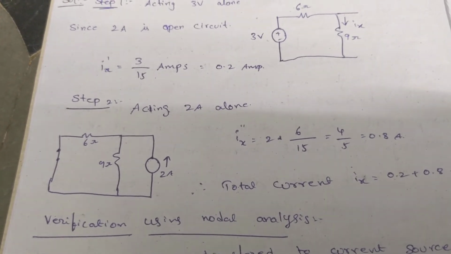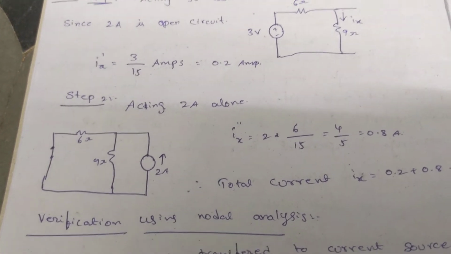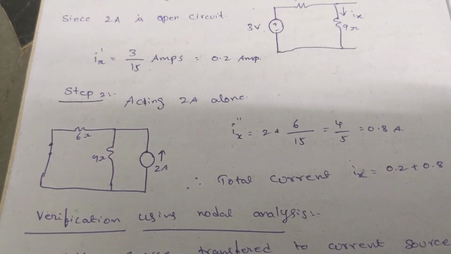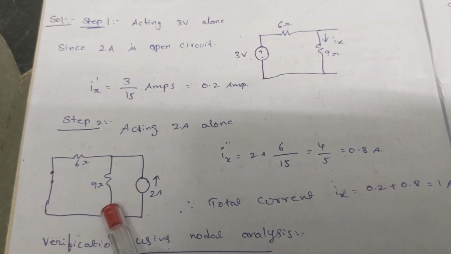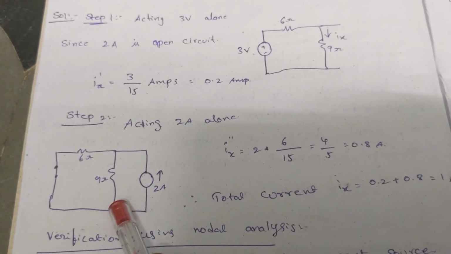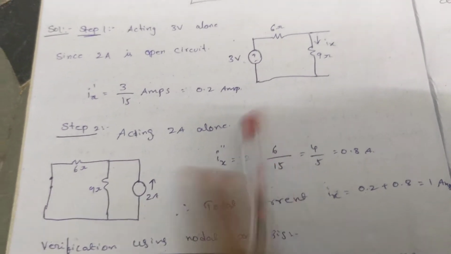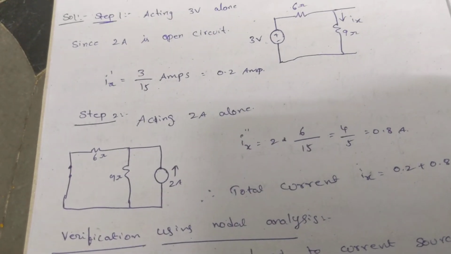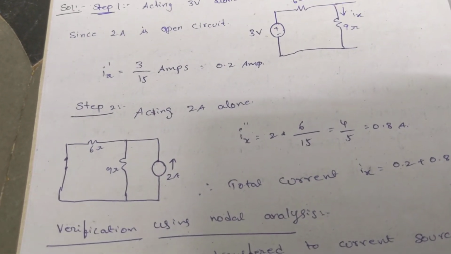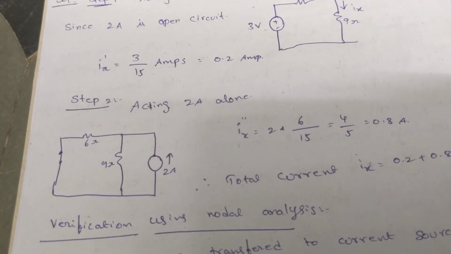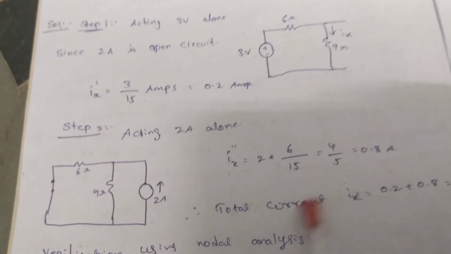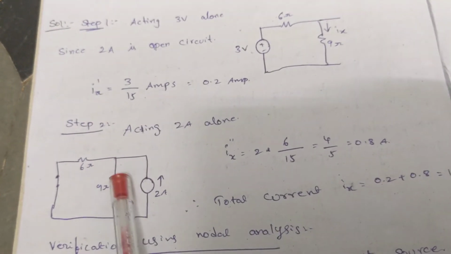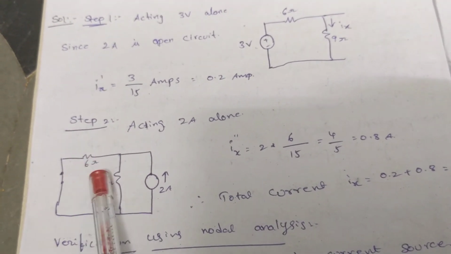If the opposite resistance is very high, the current flowing in our branch should be high. Since the opposite branch offers a high resistive path, the current through it is very low, so the maximum current will flow through our branch. So the current division principle depends upon the opposite resistance.